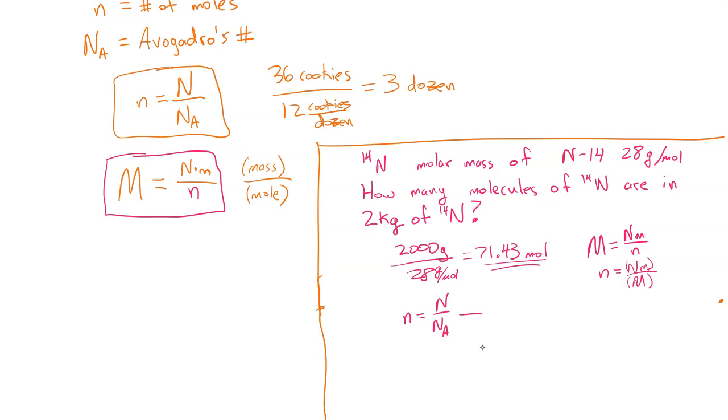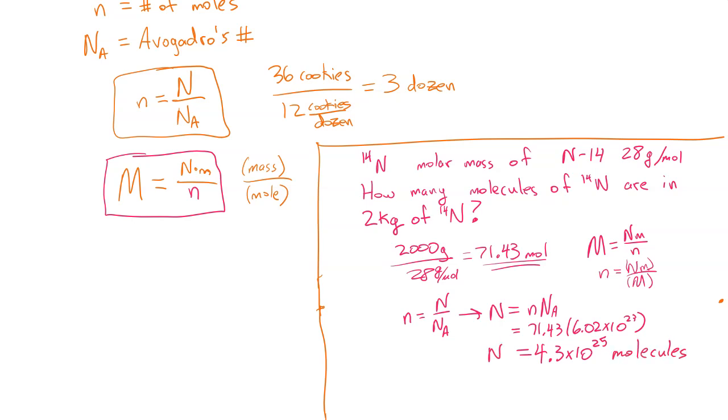So plug in, I'm solving for number of molecules. That's going to be number of moles times Avogadro's number. So 71.43 times 6.02 times 10 to the 23. And you get 4.3 times 10 to the 25 molecules.